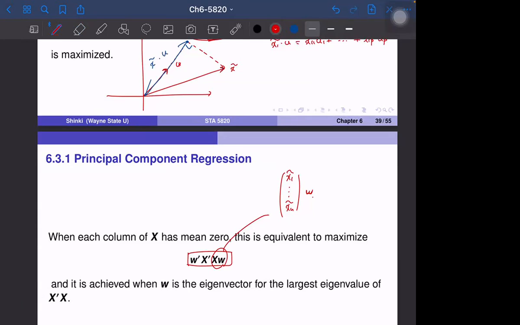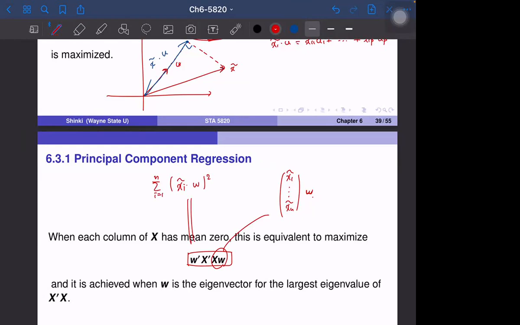So we want to maximize this quantity. We have to take the square of it and take the summation over i equal to 1 to n. So that is equal to this.